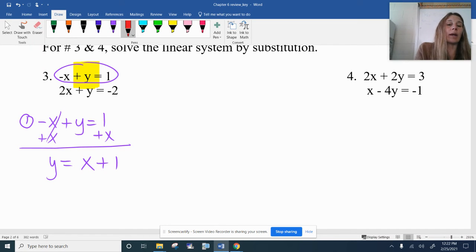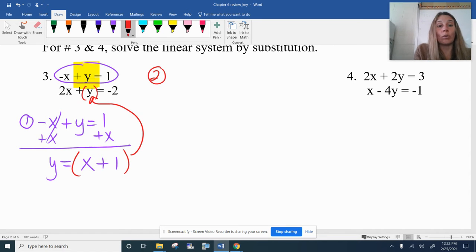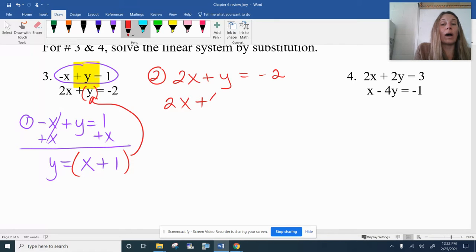So at this point now, I'm going to take this x plus 1, and since I know y equals that, I'm going to plug it into the y in the equation that I did not use yet, and that's step 2. So I'm going to recopy this equation here, the 2x plus y equals -2. But I'm going to replace my y with this x plus 1.